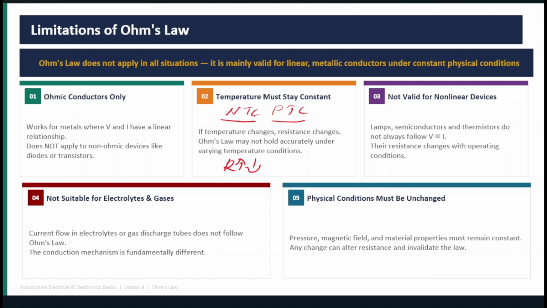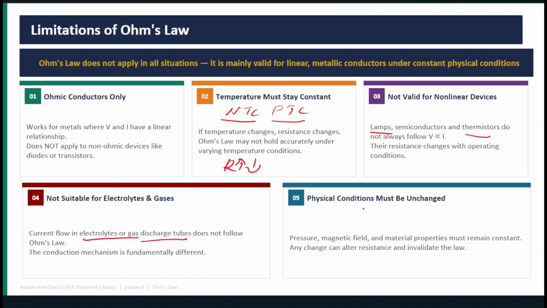And non-linear devices like semiconductors, lamps which produce heat, and thermistors, Ohm's law is not applicable. It will not work in electrolytes where the current is flowing, or the gas discharge from the tubes.